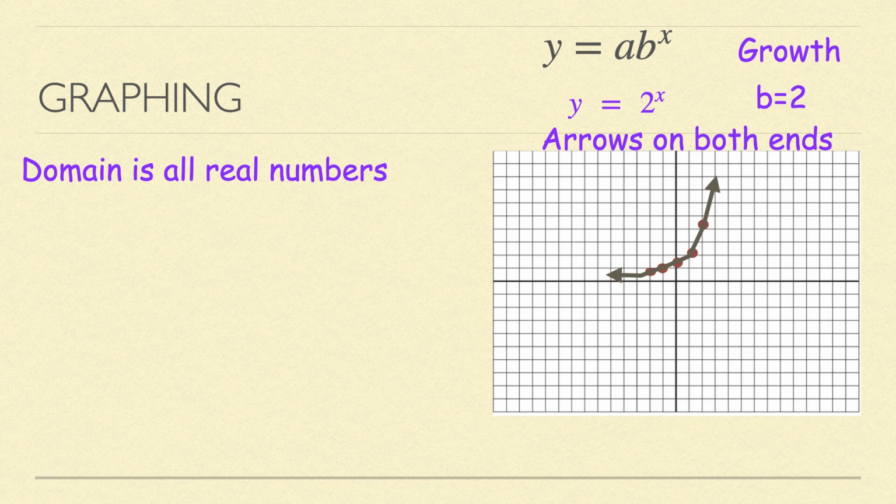I'm going to tell you this line is going to keep getting closer and closer to the x-axis. That means that the asymptote is going to be y equals 0, meaning y is never ever going to go below 0, ever.